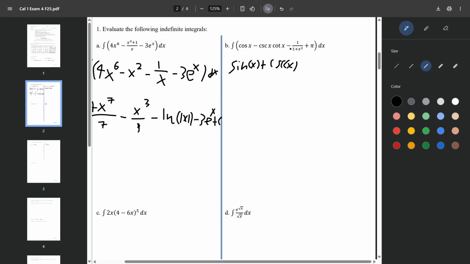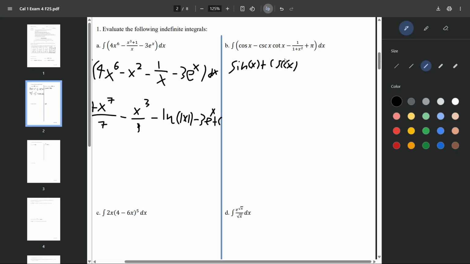Next up is negative 1 over 1 plus x squared. This one is a bit tricky to tell because it looks similar to a logarithmic function, but it's actually an inverse trigonometric function.